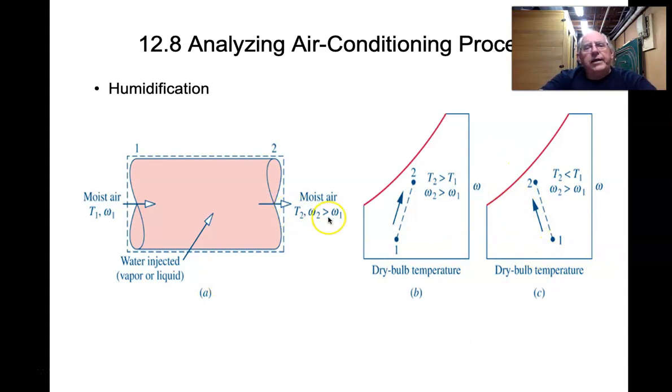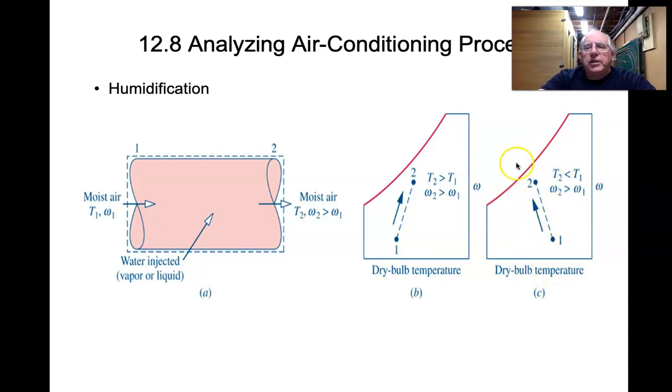And so our final state would be here at a lower dry bulb and at a higher value of omega. So this process actually cools the dry air and, at the same time, adds humidity.